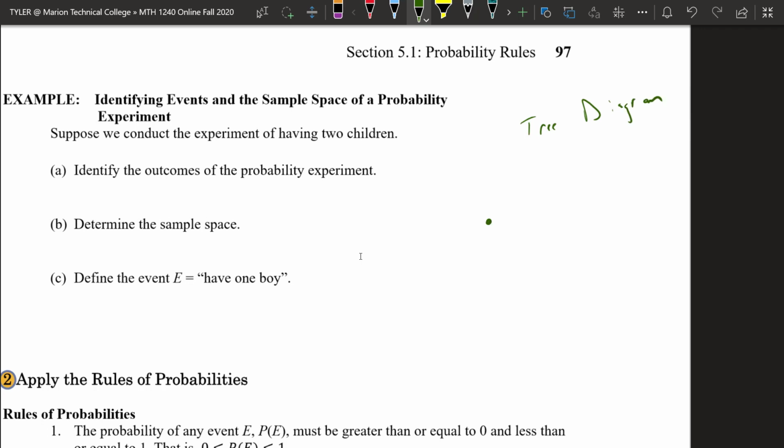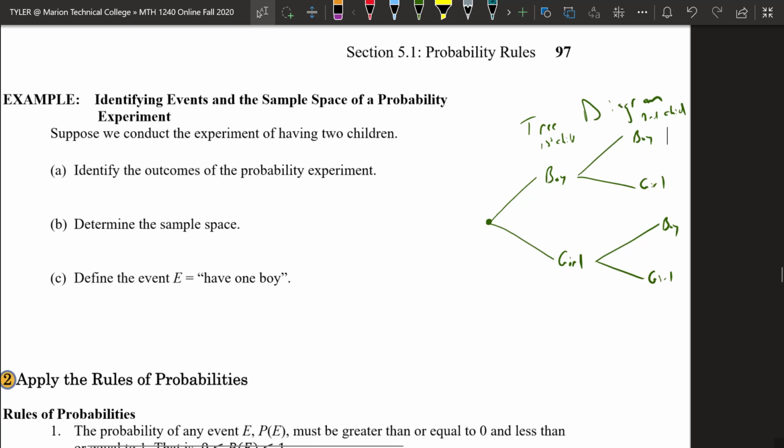So we have an initial point, which is the start of the tree diagram, and then we need to have our first child, which is either going to be a boy or a girl, right? And then from there, if you had a boy first, you could still have a boy or a girl. If you had a girl first, you could have a boy or a girl, right? So this is your first child, and over here would be your second child.